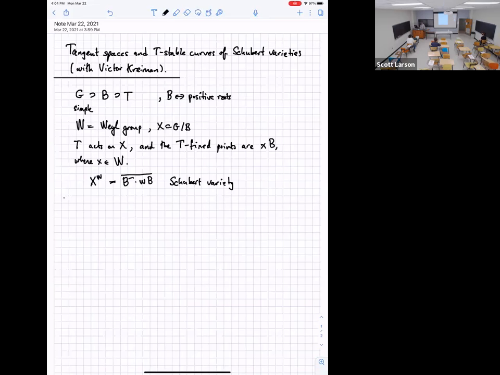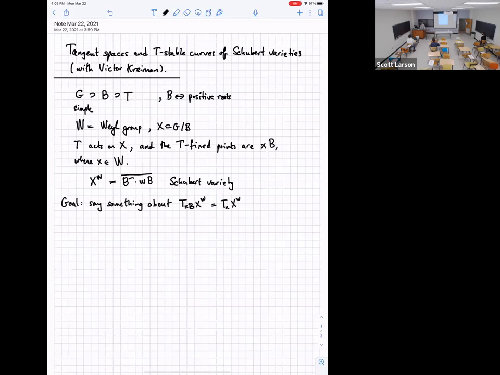And so the goal of this talk is to say something about the tangent space at the point x. So what I really mean is the tangent space at xB of X^w, but I'm just going to write this as T_x(X^w).